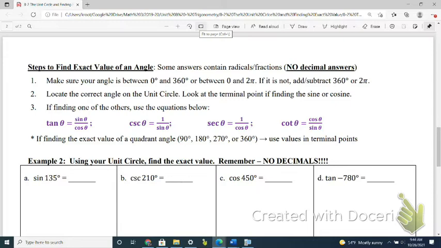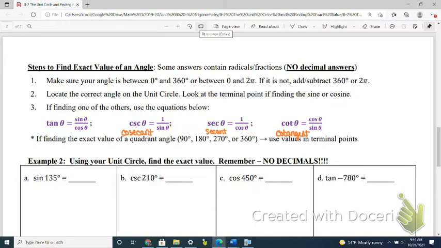Your cosecant. So CSC is your cosecant. And that is the inverse of the sine, so it's 1 over sine, or the reciprocal of the sine. Your secant is the reciprocal of the cosine, and your cotangent is the reciprocal of your tangent.